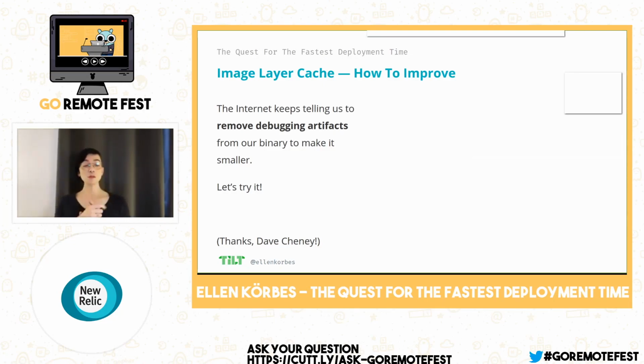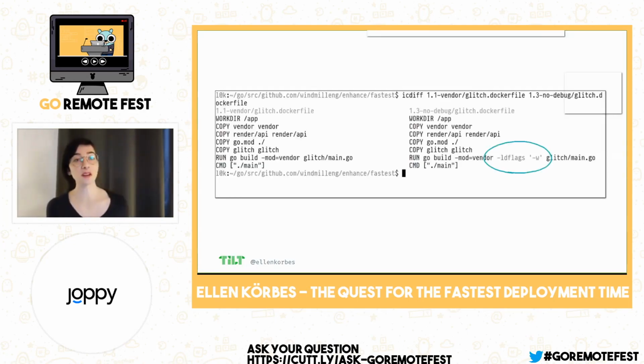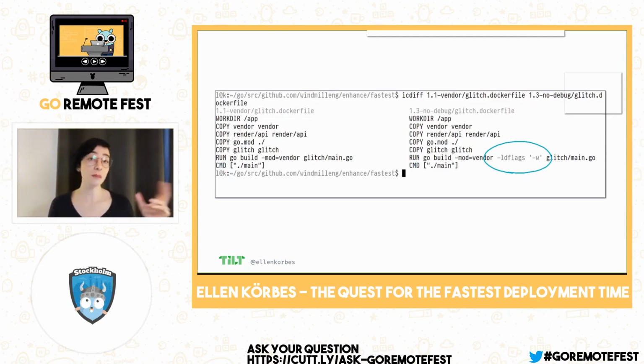Okay, so how to improve next? If you Google how to improve my Go binary, you're going to find 100 billion results about removing debugging artifacts. So let's do that and see what happens. If you don't know what debugging artifacts are: if you ever use a debugger like Delve for Go, or GDB for everything else, then you know you need some information to be able to use those. Those are the debugging artifacts.